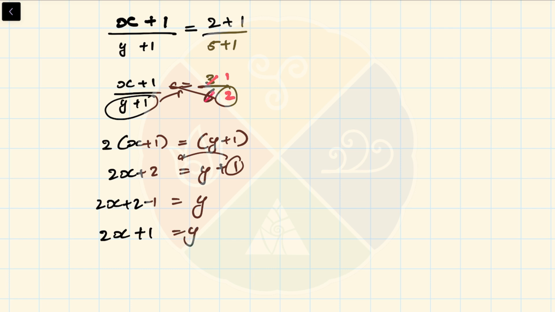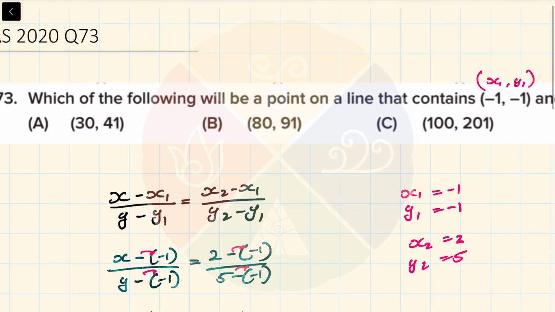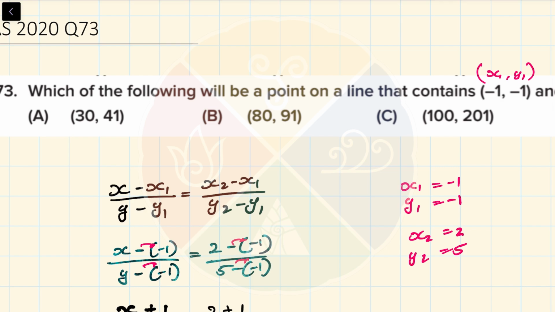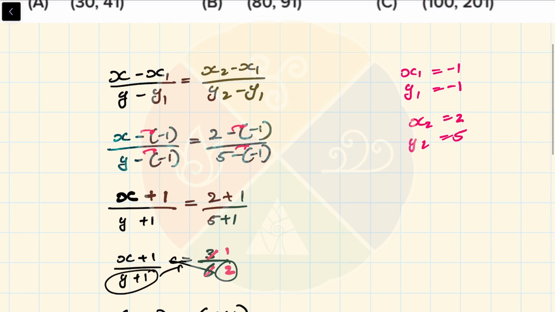So this is the linear equation in two variables which satisfies those 2 points. Any other point which is going to come in the same line should satisfy this equation. So 2x plus 1 is equal to y. That's our equation. Let me erase this. 2x plus 1 is equal to y.